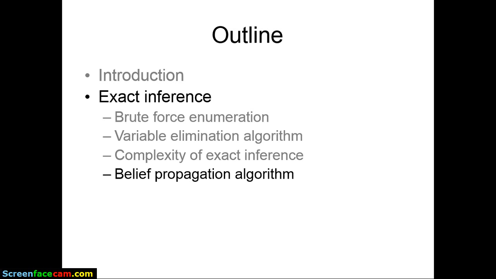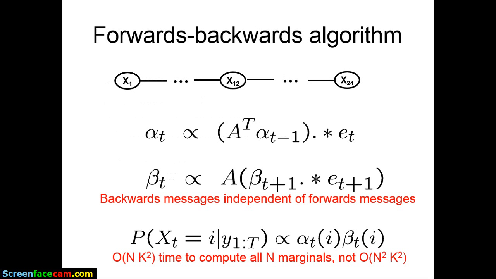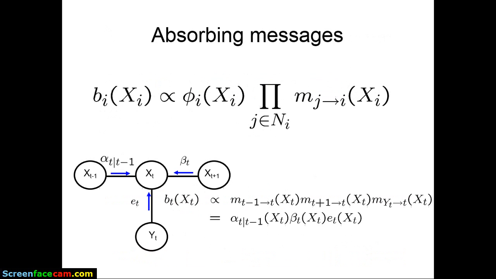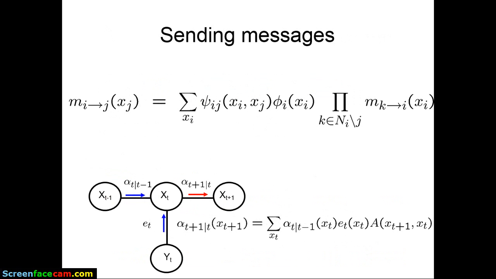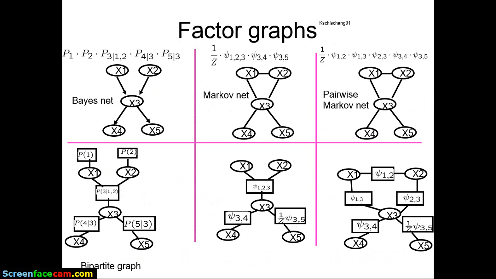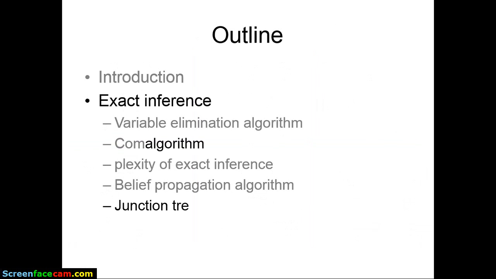It calculates the marginal distribution for each unobserved node conditioned on any observed node, and this belief propagation algorithm is also known as the forward and backward algorithm. It is done by absorbing and sending messages, and also includes the factor graphs as I described earlier, which include Bayesian networks, Markov networks, and pairwise Markov networks.